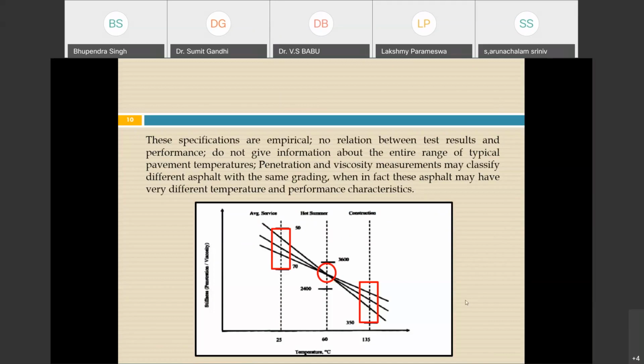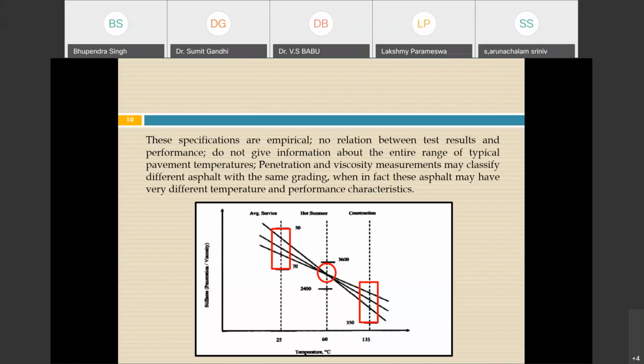Because in the field, when we check, our pavement has to experience temperatures from a lower temperature range to a higher temperature range. In this figure, we can see that we have taken 3 samples, and we have checked their viscosity at 60 degrees Celsius. It generally happens that at 60 degrees Celsius, your viscosity will be the same.